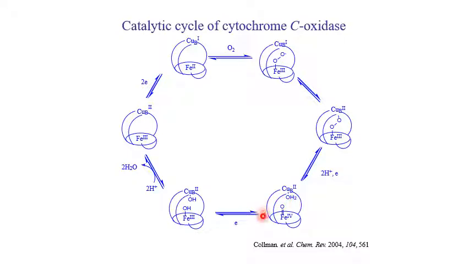Then this oxidized iron 4 oxo species will take up an electron and proton, again release water, and go back to its starting resting, reduced state, iron 2 copper 1. So basically in this cycle you will understand how oxygen reduction takes place using these two metal centers, and water is liberated, and the protons and electrons are supplied by the protein chain.